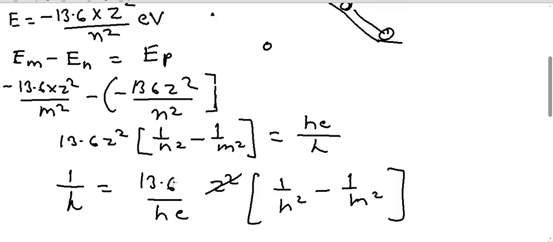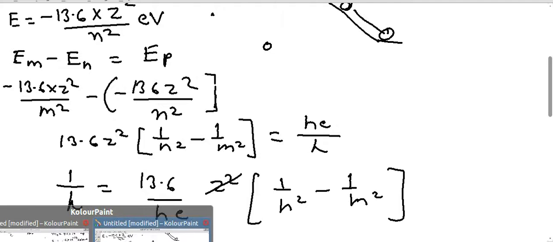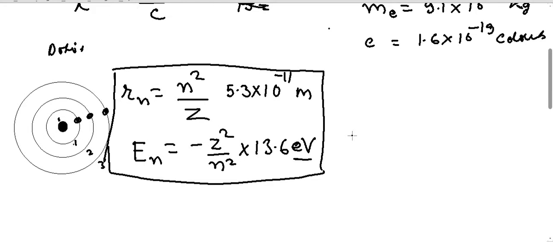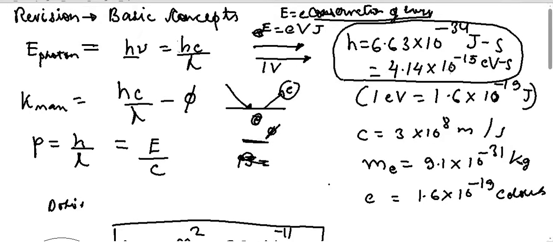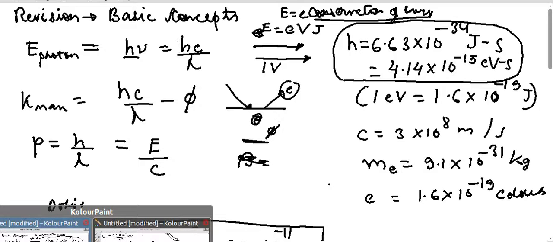Now notice here that 13.6 is, this energy is in electron volt, correct? So the correct Planck constant to be used with this value would be 4.14 into 10 to the power minus 15 electron volt seconds, not the joule value. The unit of the Planck constant to be used should be consistent.